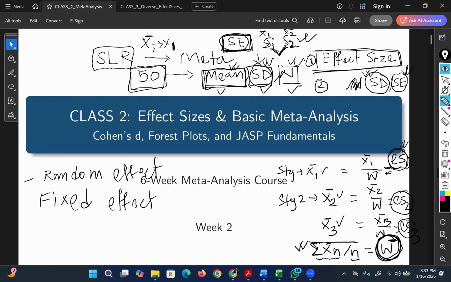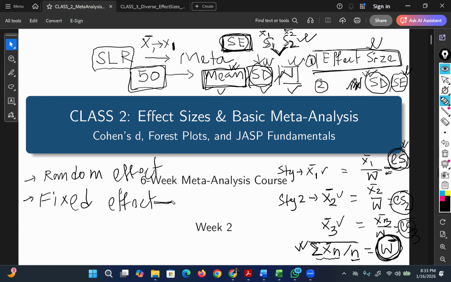The random effect model and fixed effect model decide whether the effect size, together with the standard deviation or standard error, gives us homogeneity or heterogeneity among the findings of the studies.